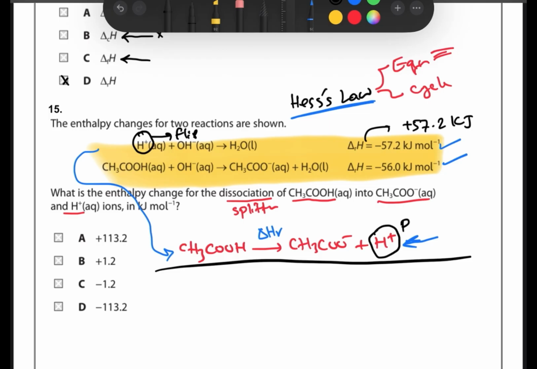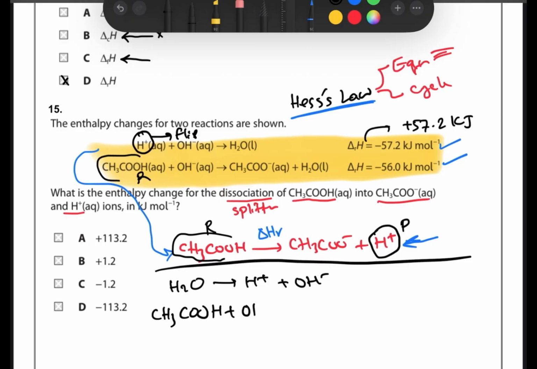So if we flip this equation, let's write it here. It becomes H2O. It gives you H positive and OH negative. Now we have CH3COOH on the reactant side, and OH minus here on the reactant side. So there is no need to flip this equation. We keep it as it is. So it becomes CH3COOH plus OH minus gives CH3COO minus plus H2O.